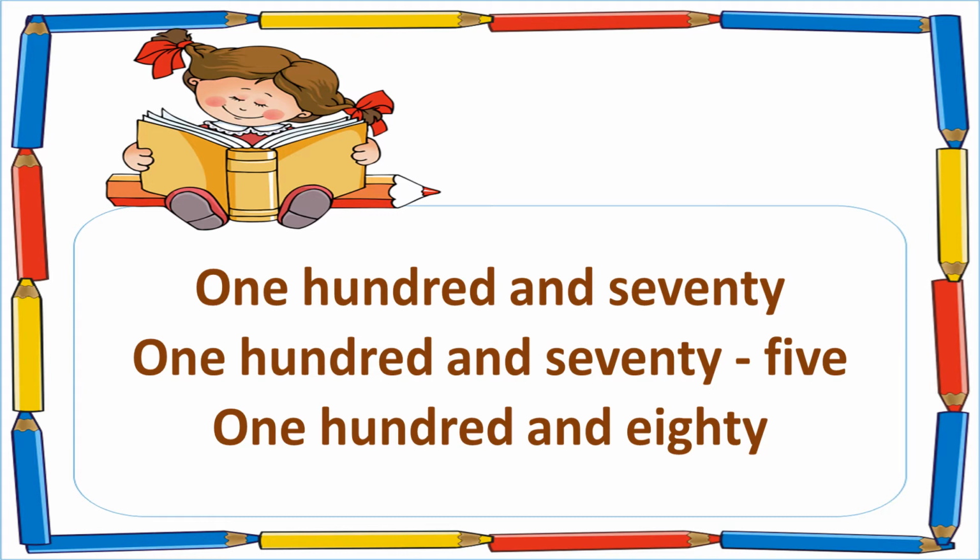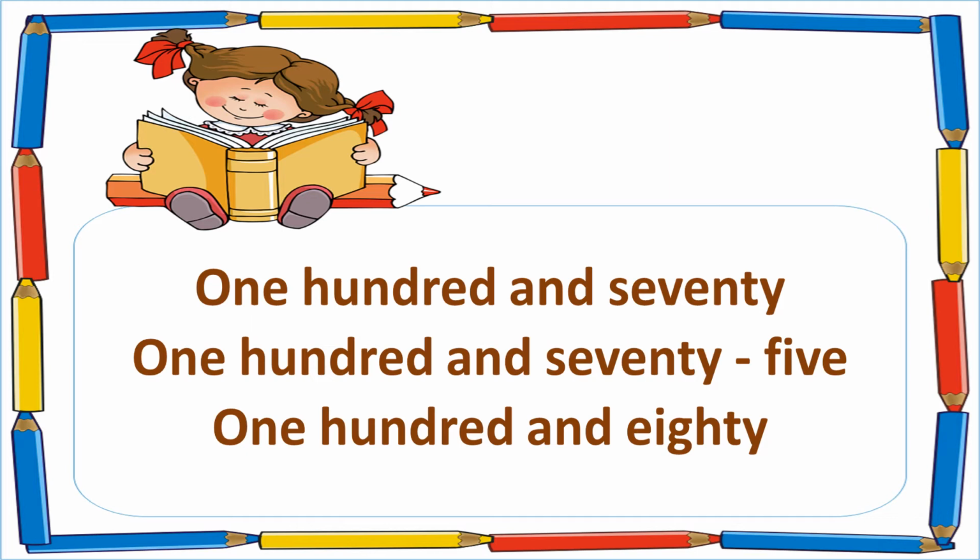Louder, please. O, N, E, H, U, N, D, R, E, D, A, N, D, S, E, V, E, N, T, Y. Great job, students. But how can you read this word? Okay, excellent, students.